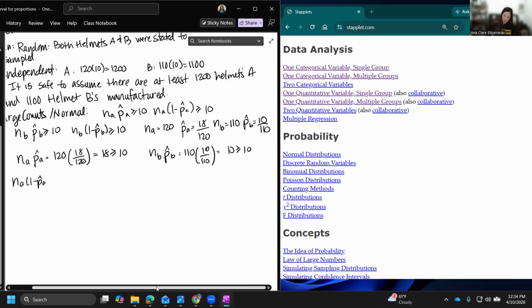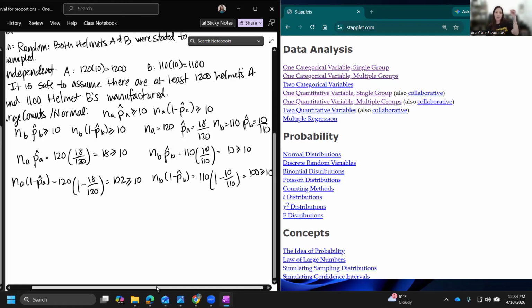It's the remainder. If you have 120 total, that means 120 minus 18 is 102. And for sample size B, 110 minus 10 leaves 100. So there were 18 that failed in group A, 102 that didn't, 10 that failed in group B, and 100 that didn't. And our conditions are met, so we are safe to proceed with calculations.